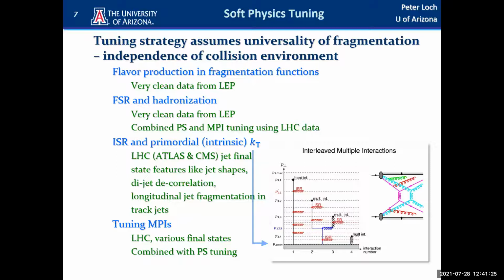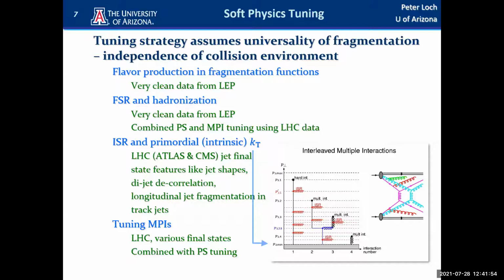We assume this because we don't really have the tools yet, or will probably never have the tools, to tune, for example, the flavor production in the parton shower in the fragmentation functions using LHC data. But we have very clean data from LEP, which is still used to tune the right amount of flavor quarks and particles being produced.